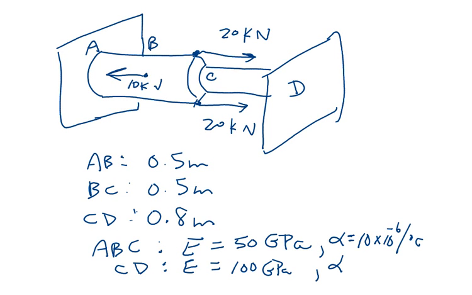And this is 5 times 10 to the negative 6 per degree Celsius, right? And the problem is going to say, find reactions. Okay, and then let's find stresses, the stresses in each segment.